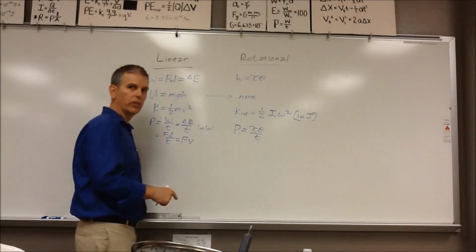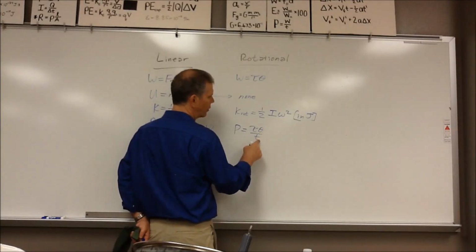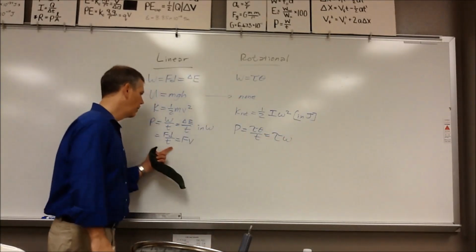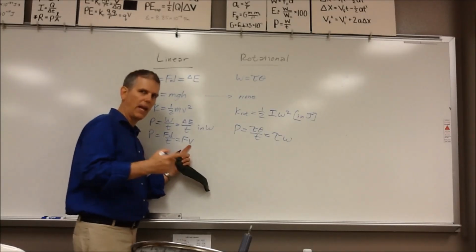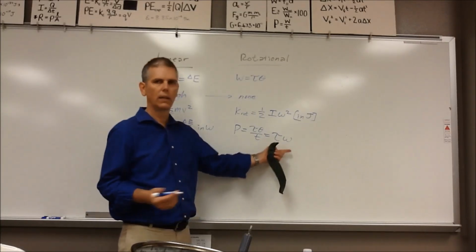Actually Tipler uses that one more than this one, but I like this one. And what is theta over time? Wow. Notice once again, power is force times velocity, and the analog of that is torque times omega.